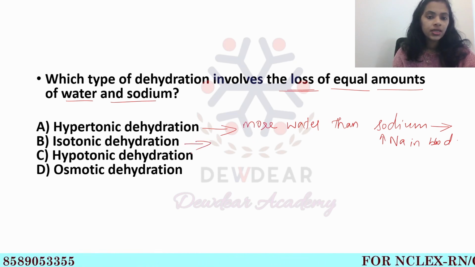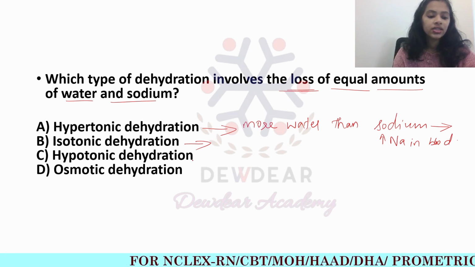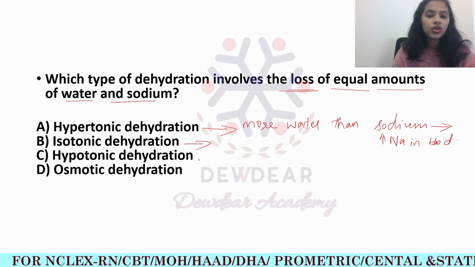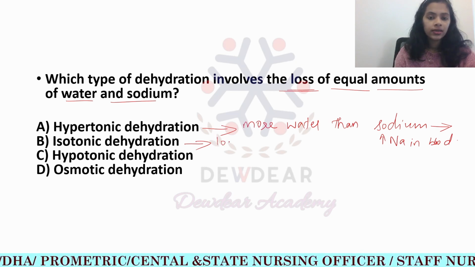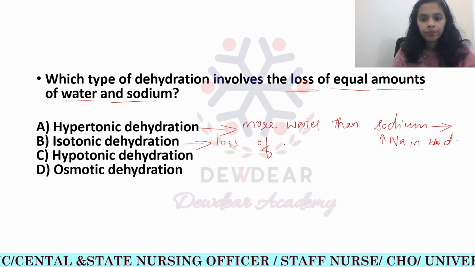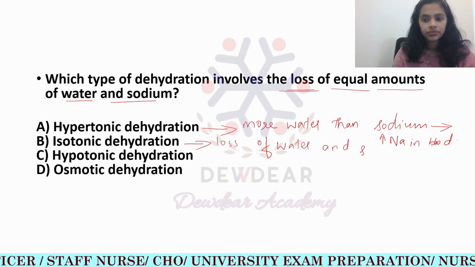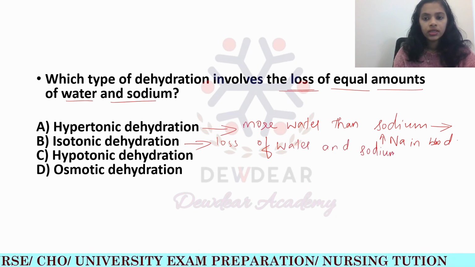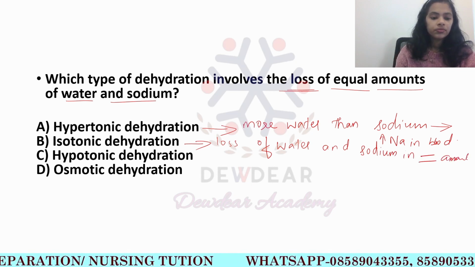The next is isotonic dehydration. Isotonic dehydration means there is loss of water and sodium in equal amounts.